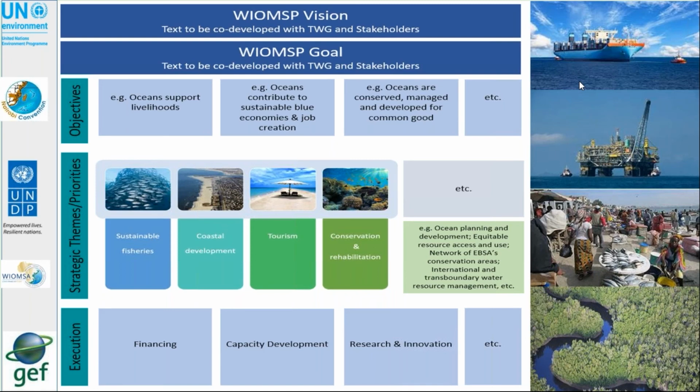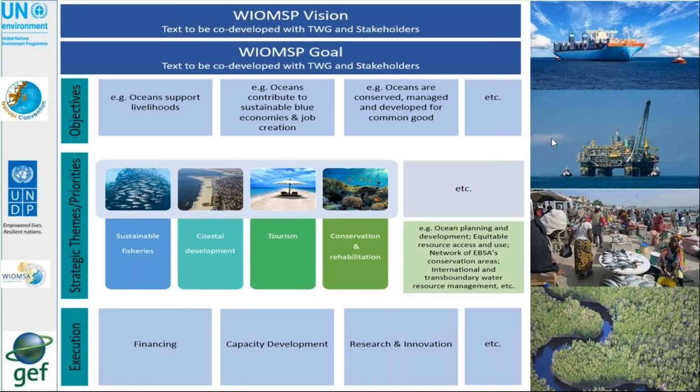But yes, sustainable fisheries, coastal development, tourism, conservation and rehabilitation, among others, are expected to be important strategic themes within the regional strategy. And then a really important part of the strategy will be execution.